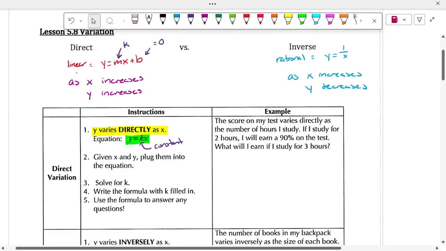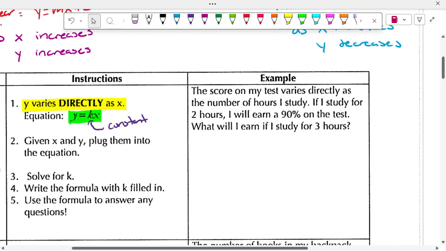Now, really easy to solve. You'll typically be given an x and y value to go together. Plug them into the equation, solve for k, write the formula with k, and use the formula to answer any questions. That may sound weird, but you'll see in the example.